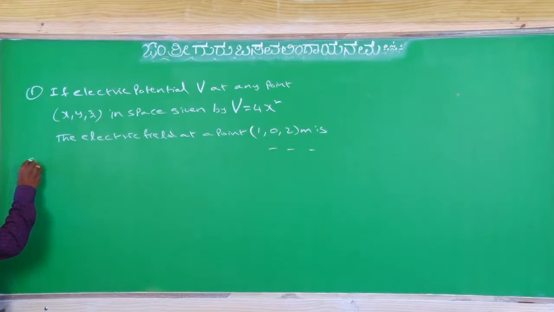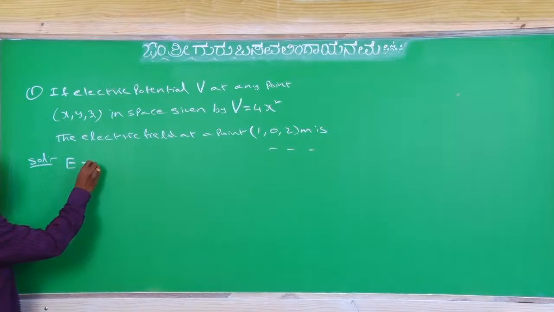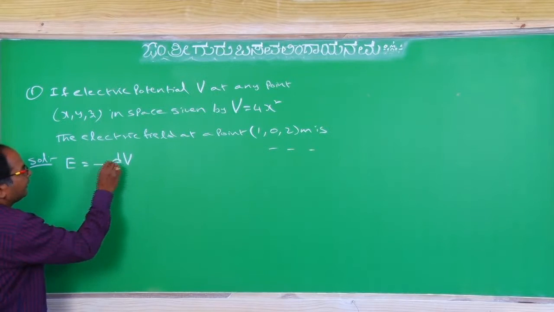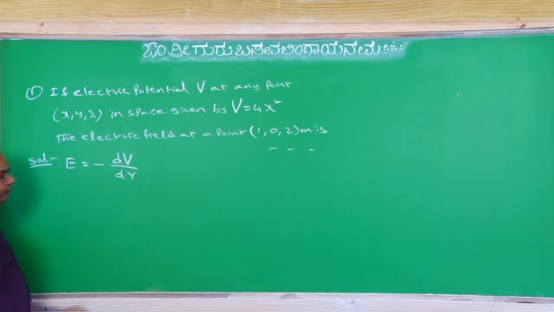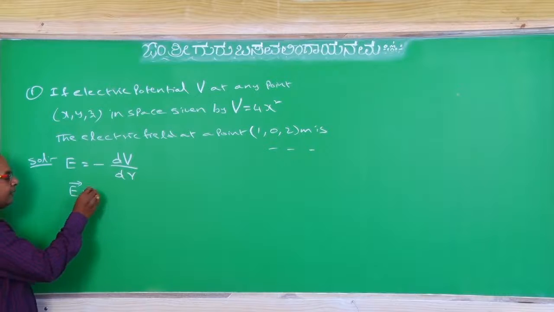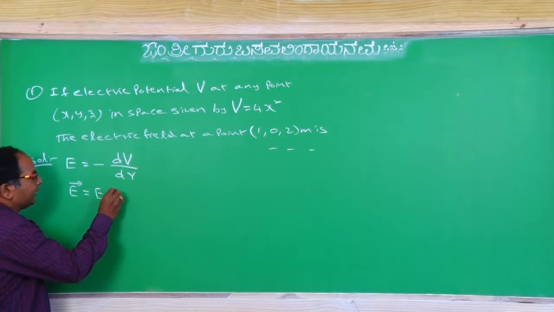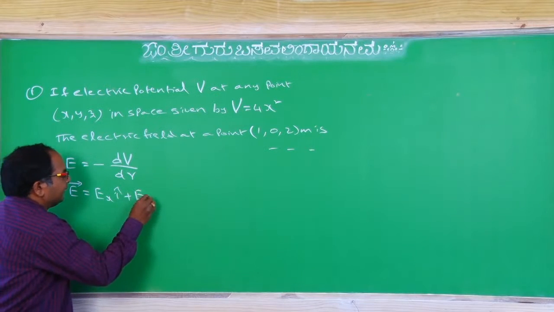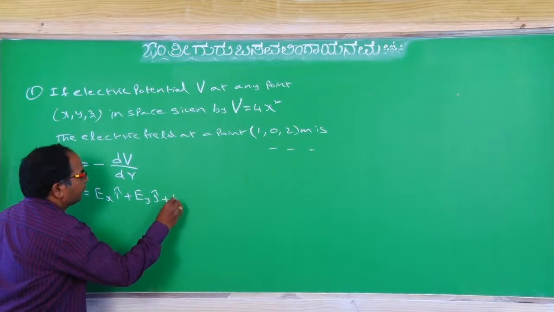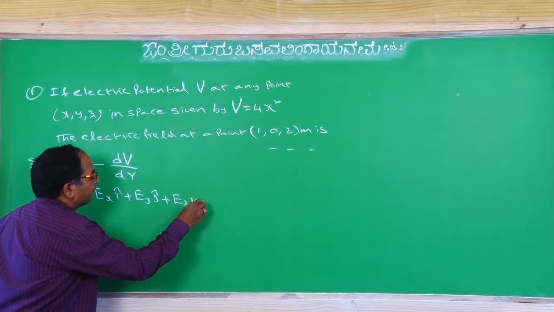Try to tell what is the relation between them. Electric field is the negative potential gradient. But here points are given, so we may write E bar is equal to Ex i cap plus Ey j cap plus Ez k cap.